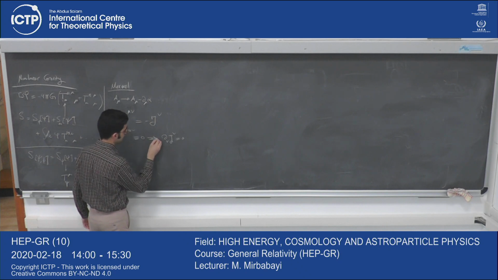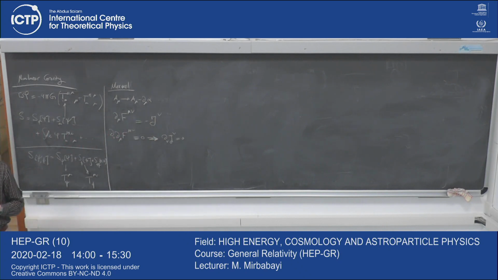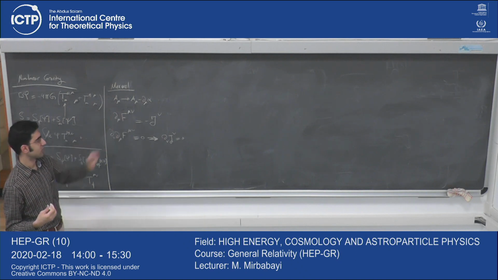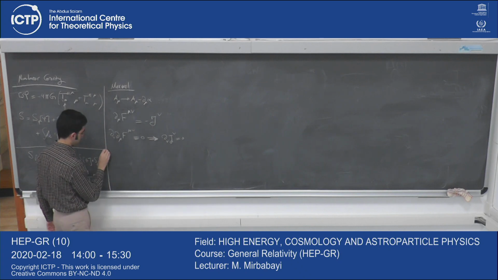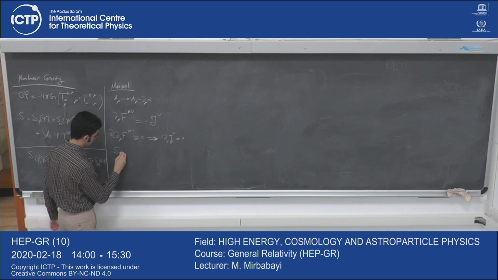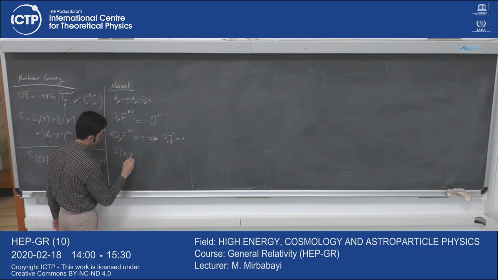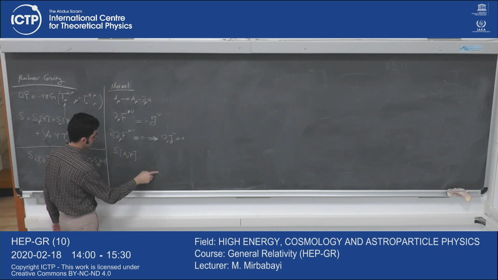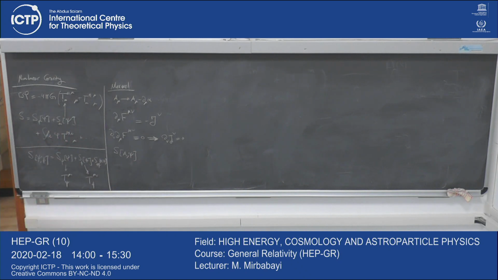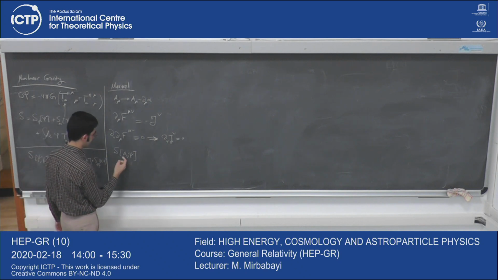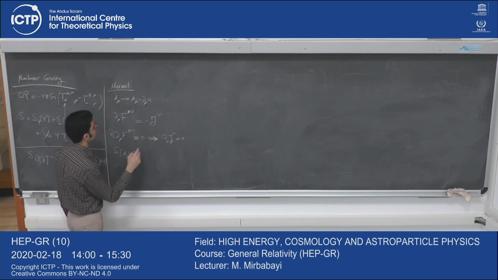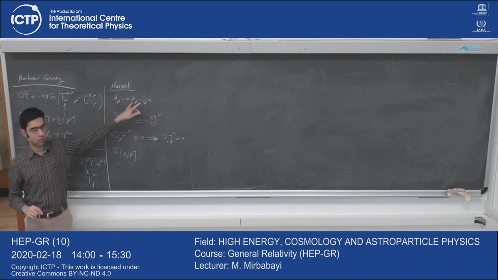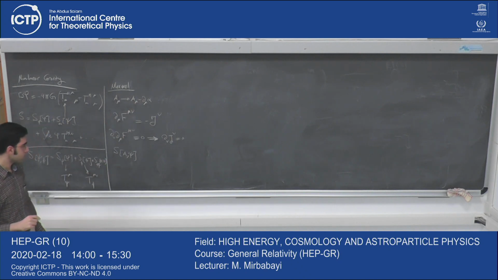So we can ask, how can we couple A mu to matter fields so that we satisfy this condition? So we want to write an action for A and psi, and this action should be such that when I vary this action with respect to A mu, under that transformation of A mu, it should remain invariant.